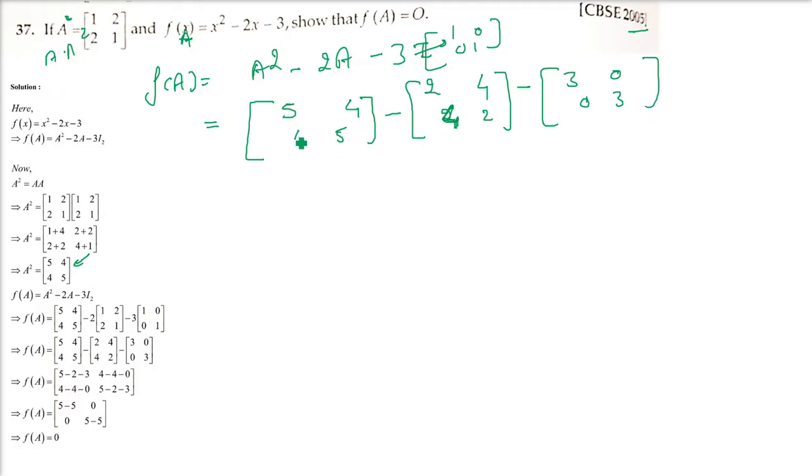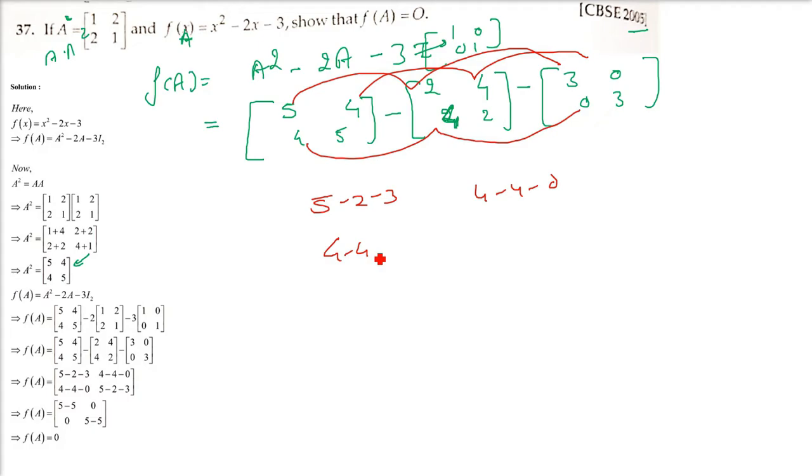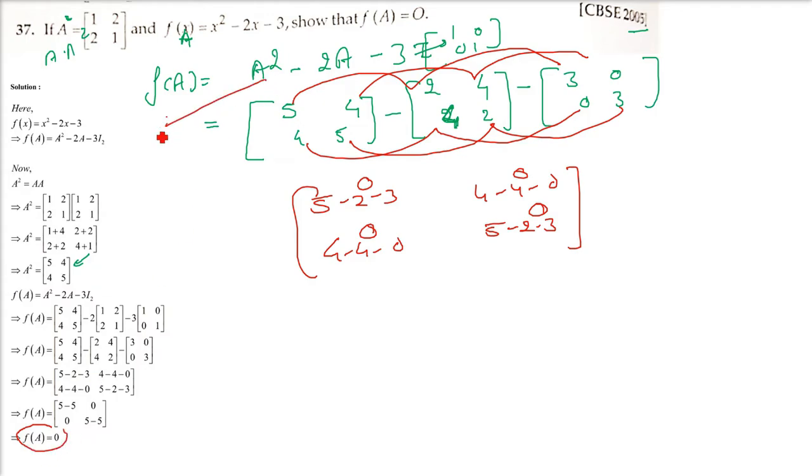Let me show you here, taking a different color. 5 minus 2 minus 3, that is actually 0. 4 minus 4 minus 0, that is also 0. 4 minus 4 minus 0, that is also 0. And 5 minus 2 minus 3, that is also 0. This is f(A) equals 0, and that is what needed to be found out. We have shown f(A) equals 0 here.